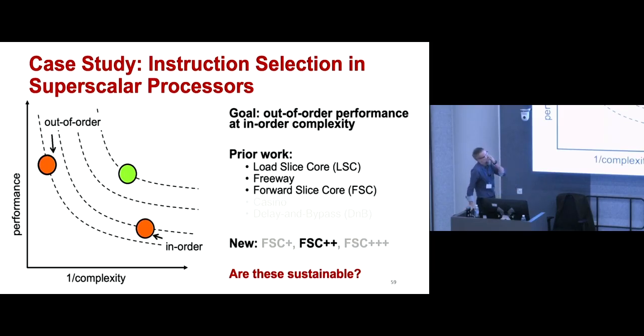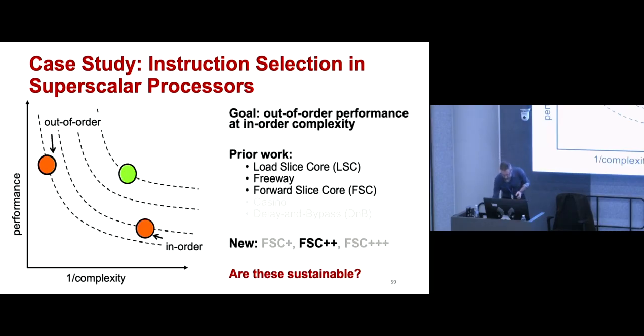Casino is from a group in Korea, and then delay and bypass also coming out of Uppsala in Sweden. So different groups have come up with different core microarchitectures motivated by performance and complexity, but never was there the question, are these microarchitectures sustainable?